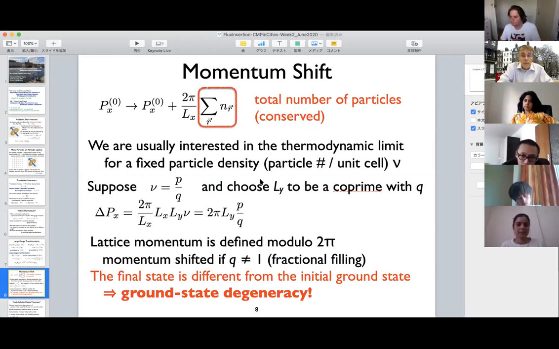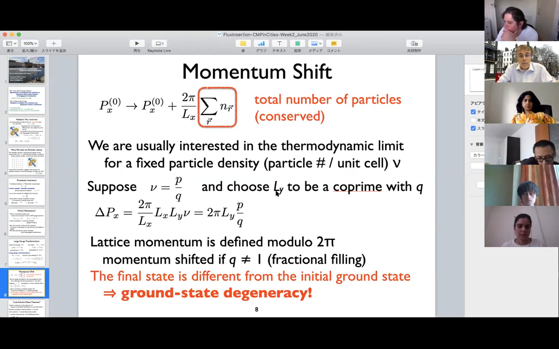Suppose this density is P over Q, where P and Q are coprime integers. Then this momentum shift is 2 pi over Lx times the number of sites, Lx times Ly times the density. So Lx cancels, but Ly survives. The momentum shift is 2 pi times Ly times P over Q.